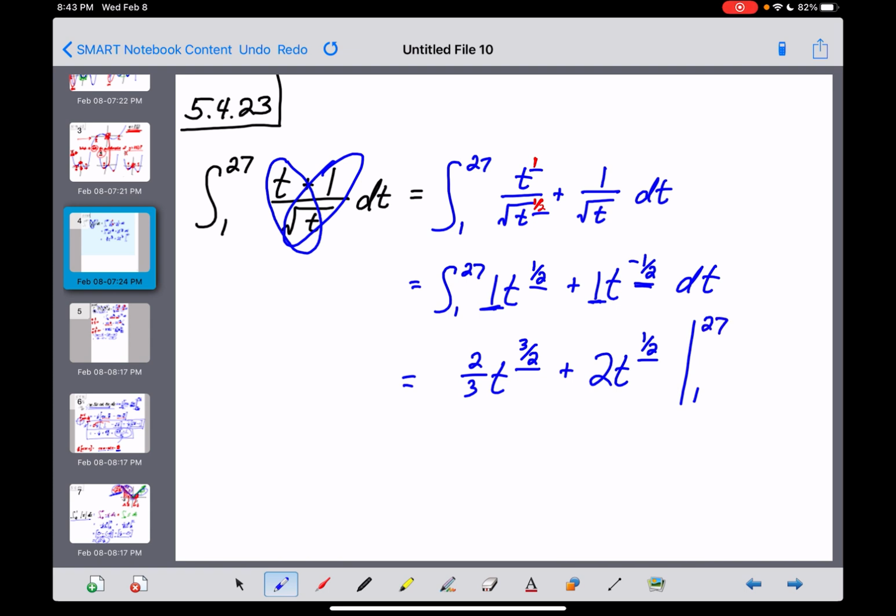Now, as I'm looking at this, that is really, really interesting. I have a feeling, guys, that in problem number 23, this did not work out the way that somebody intended it when they were writing this problem. What is significant about 27 is that it's a perfect cube. So it would have been a cool number to put in here if we were dealing with cube roots right here.